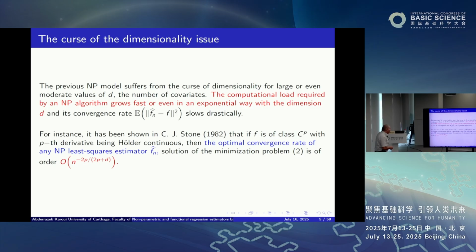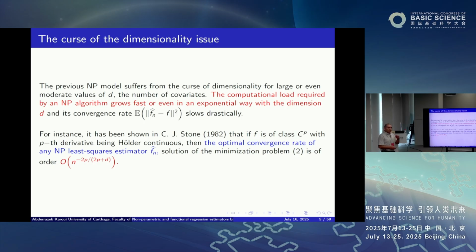What's the p? The regression function f has to be of class C^p, with p-th derivative being continuous. So we assume a kind of strong condition on the regression function. And even with this strong condition, the best order of convergence is only of order n to the power minus 2p over 2p plus d.